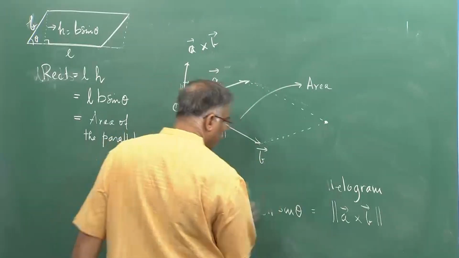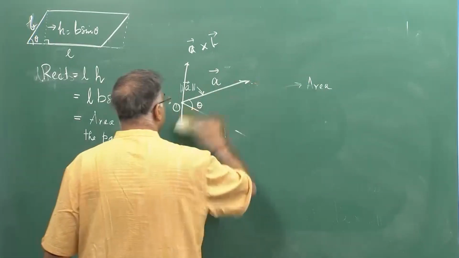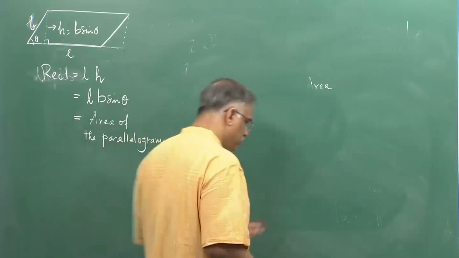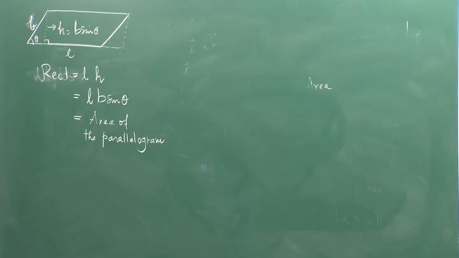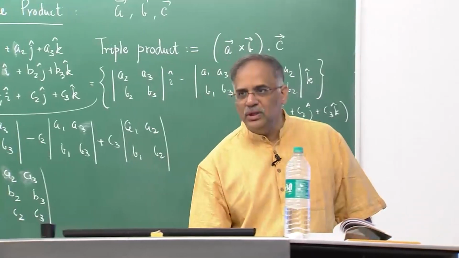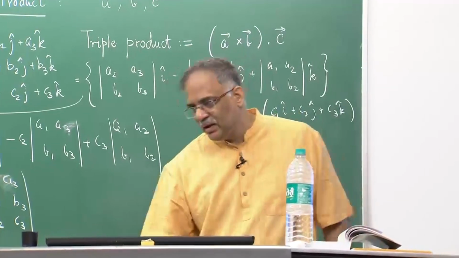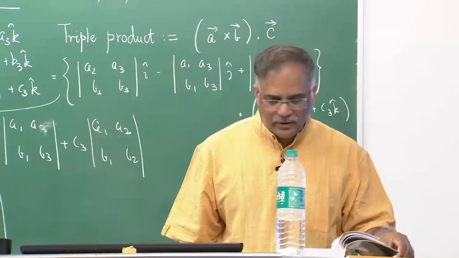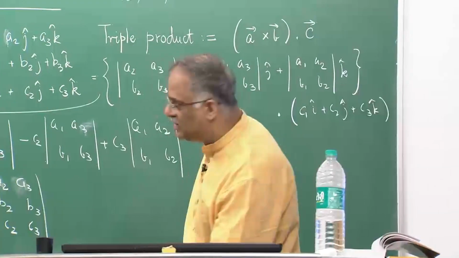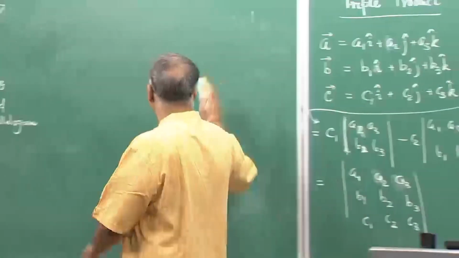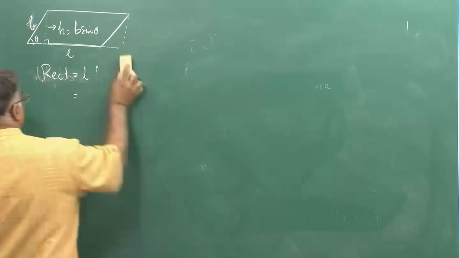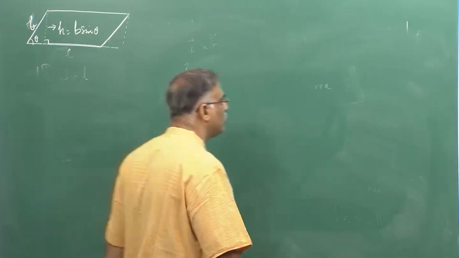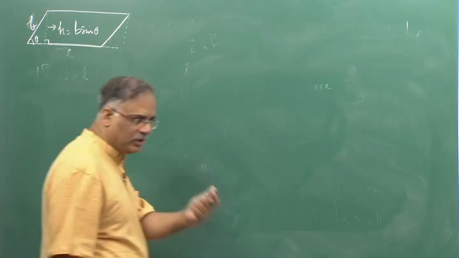I am going to show that the volume of a parallelepiped made up of 3 sides by the vectors A, B and C is nothing but the determinant of this form, which is the cross product of 3 vectors.